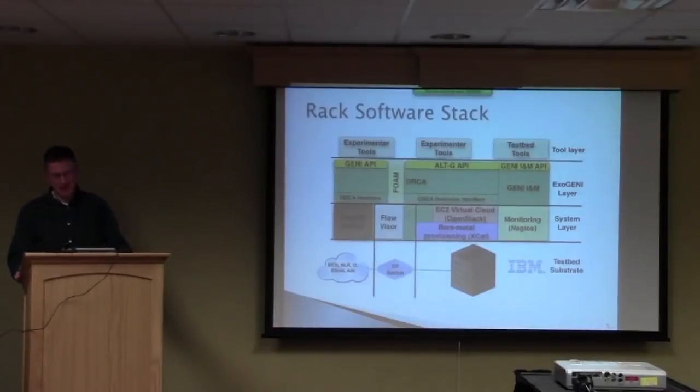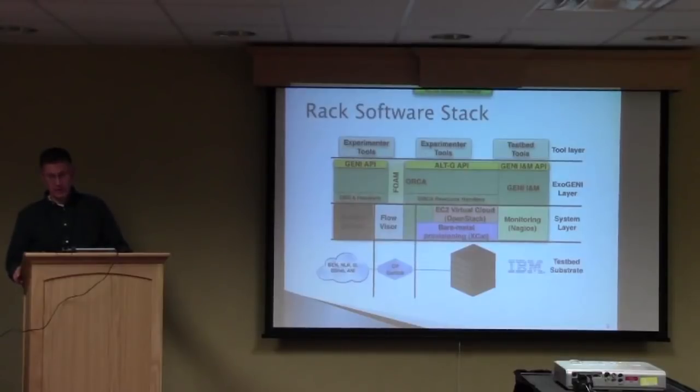And this is a picture that illustrates the very complex and involved ExoGENI rack software. So starting at the bottom and working its way up, there's the testbed substrate, which includes the rack hardware, and then on top of that there's a layer for control planes and FlowVisor, and you'll see that's where xCAT and OpenStack live as well. Also we use Nagios for monitoring.